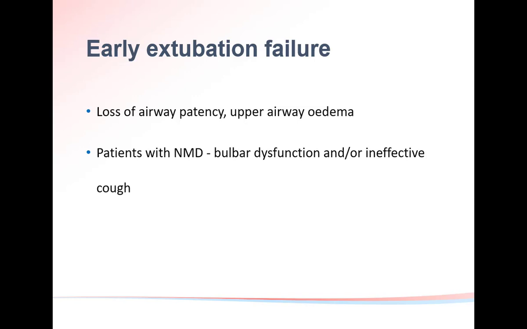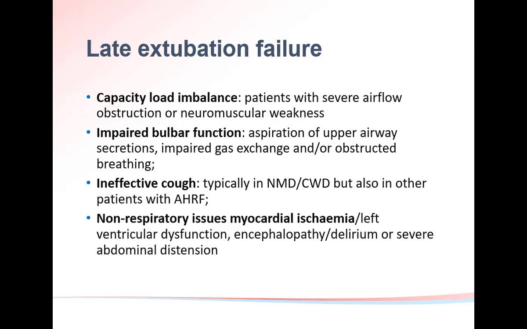Early extubation failure occurs because of loss of airway patency and upper airway edema, and in neuromuscular patients, because of bulbar dysfunction and ineffective cough. These are the causes of early extubation failure.